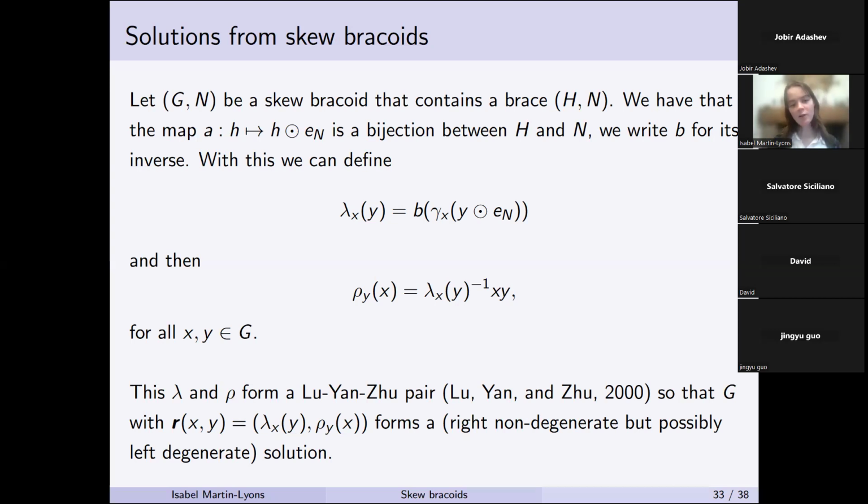And then from this, we define rho sub y of x to be lambda sub x of y inverse, with respect to the multiplicative operation, for all x, y in G. Then this lambda and rho form a Lu-Yan-Zhou pair, so that the solution built from these forms a right non-degenerate but possibly left degenerate solution. So this is left degenerate in all cases where you didn't basically have a skew brace to start with.